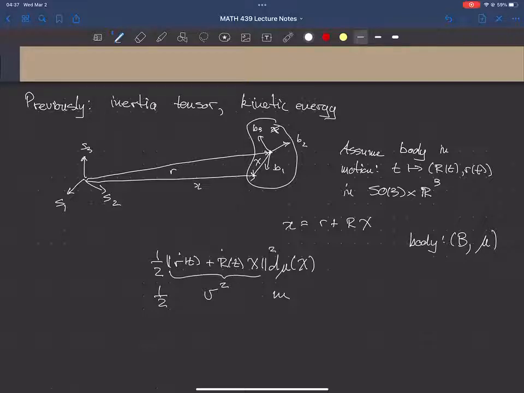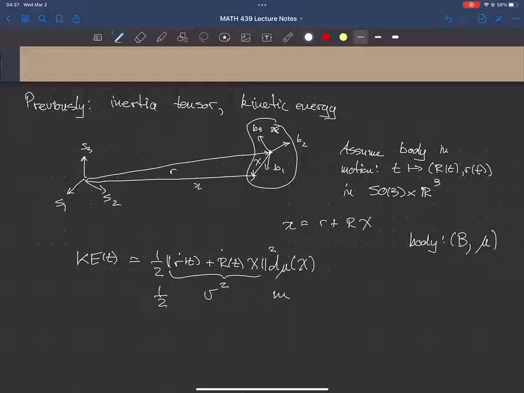Okay. So that's your kinetic energy, and we're going to think for the moment of kinetic energy of the body as being a function of time along the motion of the body. Okay, and so what we want to do is obtain a neater expression for that.